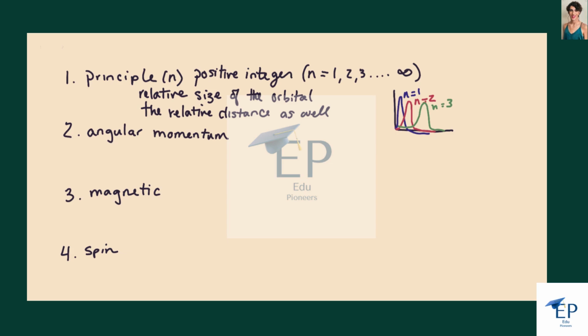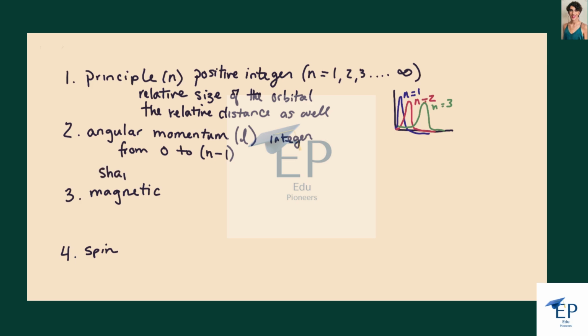quantum number. So moving on, the angular momentum quantum number is denoted by the letter L. And this is an integer from 0 to n minus 1.